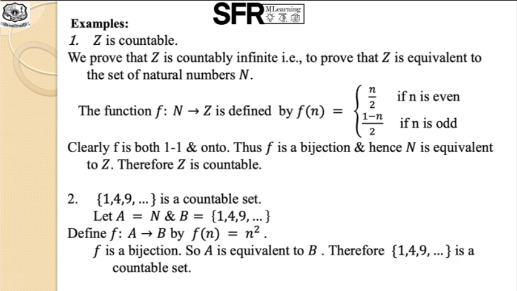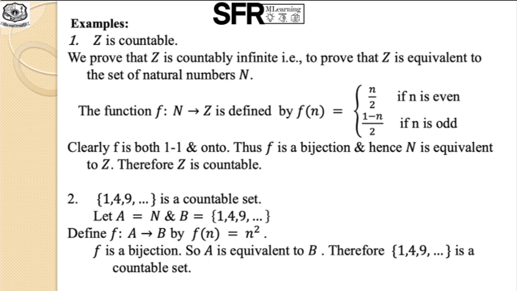It has an inverse image also. For every element in the codomain there exists an inverse image in the set N. Therefore, the map f is a bijection. Hence, we say that Z is equivalent to the set of all natural numbers. Therefore, by definition, Z is countably infinite. So, by definition of countable sets, Z is countable.